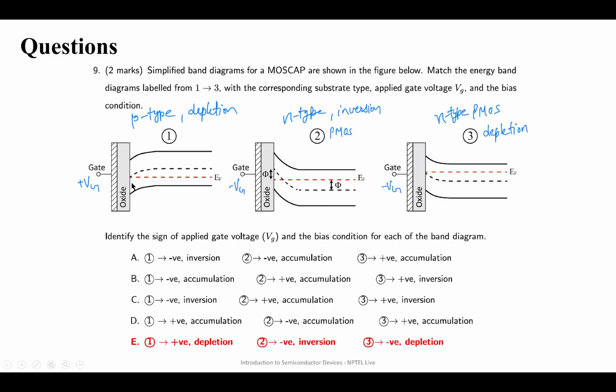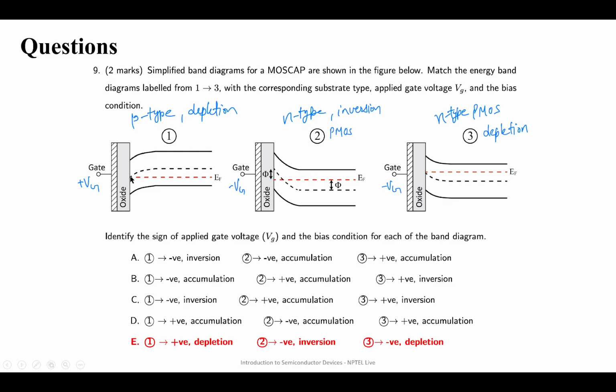Next, you have to come to this region near the interface. Here EF was closer to EV, but now EF is farther from EV, though it has not crossed EI yet. This middle line is called EI.